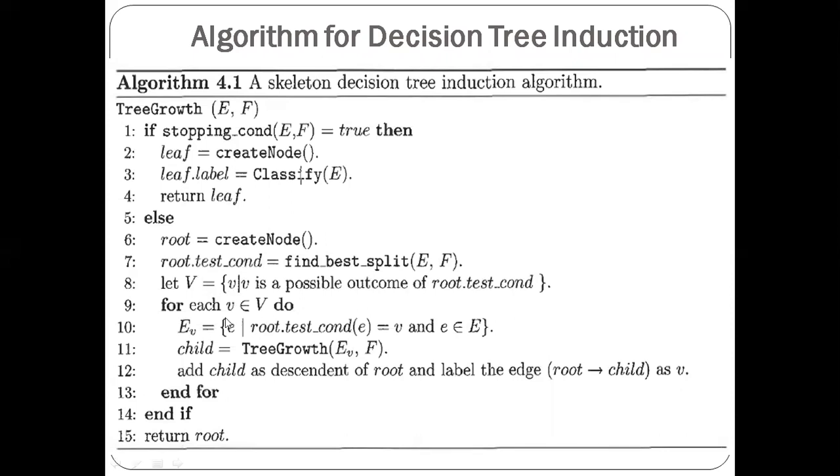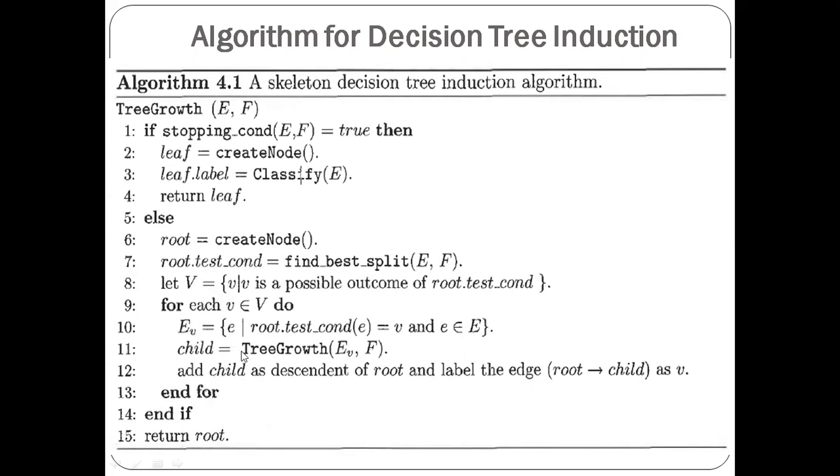We'll create a path for each attribute value, or test condition value, that is, for each v that belongs to V. For that we will be creating a path using E_v equal to e, such that root test condition of e is equal to v and e belongs to E. For example, in the case of homeowner, we had two partitions or two subtrees based on whether the attribute value is yes or no. Like that, we will have many paths, one for each of the attribute values. That path we have considered as E_v.